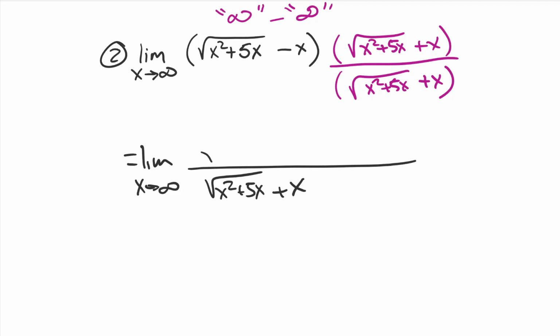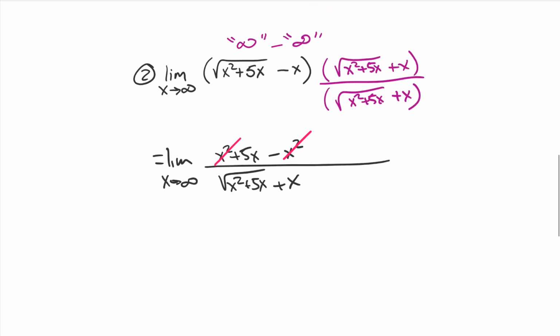The top is going to become x squared plus 5x, and then we're going to subtract out x squared. Same game: a minus b times a plus b. The x squareds go away. But now we have the same degree up top as we have down below. We've got a 5x left up there, and then the square root of x squared plus 5x down below, plus x.